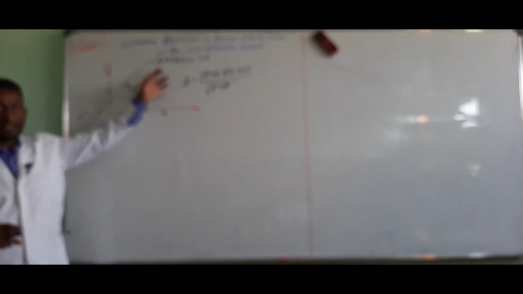Then, for example, when this point is 3, 1, let us find the equation of the line that passes through these 2 points. For L1, this line passes through P1 and P2.